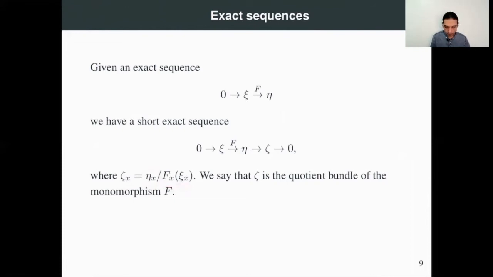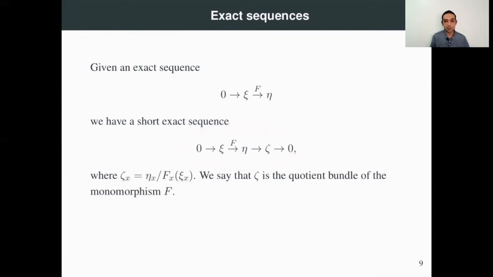Of course, the image of psi_x is a subspace of eta_x, so that quotient can be considered at any point. Of course, we have to work a little bit more in order to show that theta defines a vector bundle, but again, I am going to leave you that task as an exercise. So in this way, we get theta, which is called the quotient bundle of the monomorphism F. And again, this is a short exact sequence.